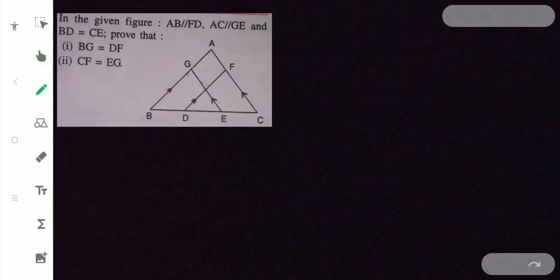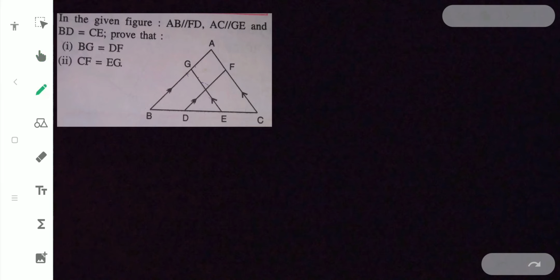Let us first do the first part, that is BG is equal to DF. Let us first write what the given information is. We have BD is equal to CE.